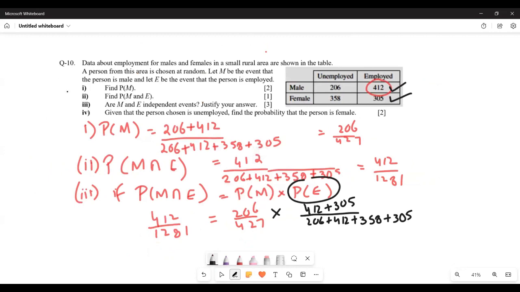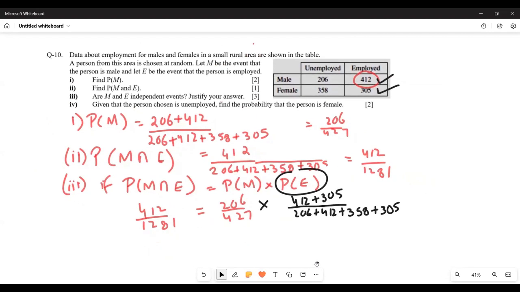So you have to see if the left hand side is equals to the right hand side, तो फिर ये independent है, वरना नहीं.